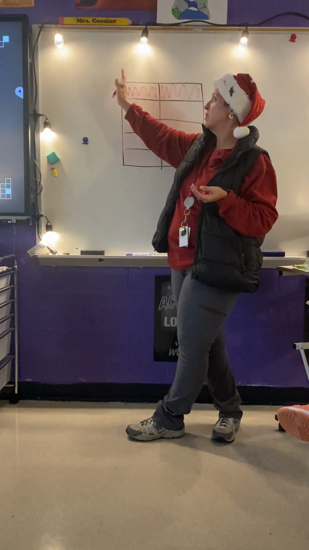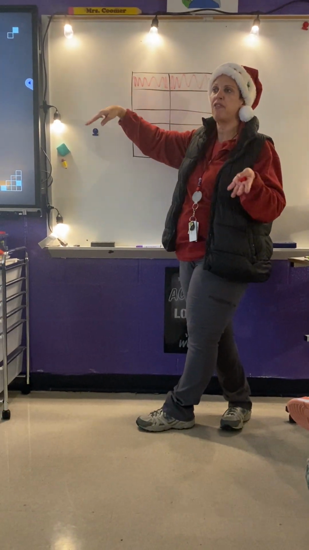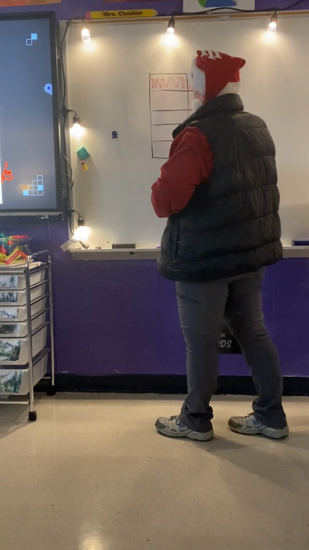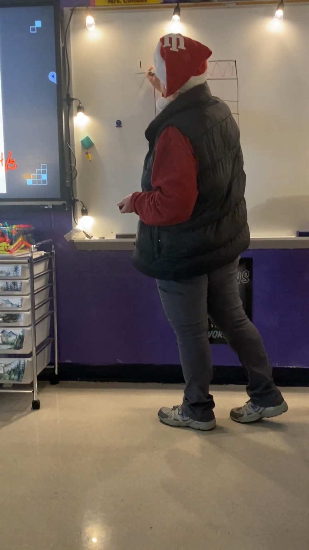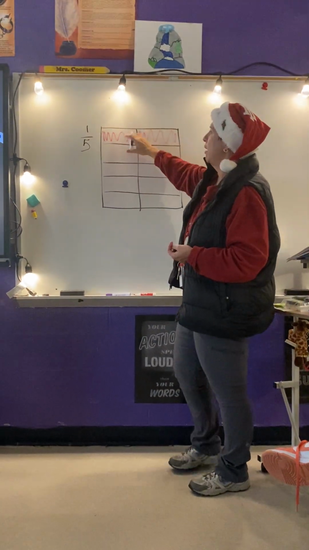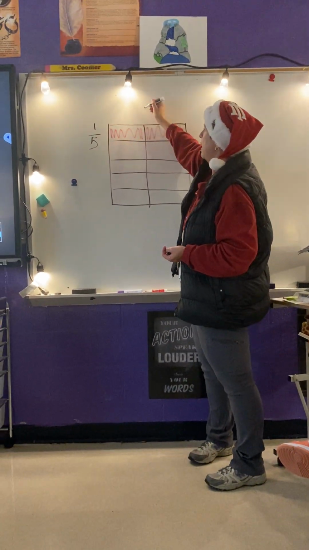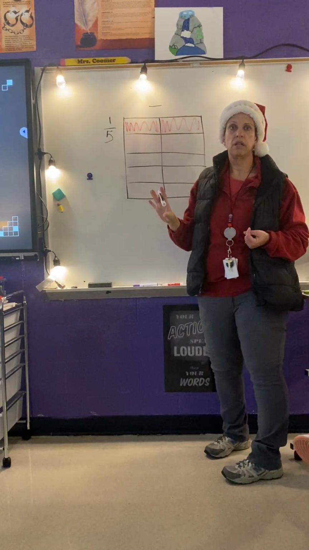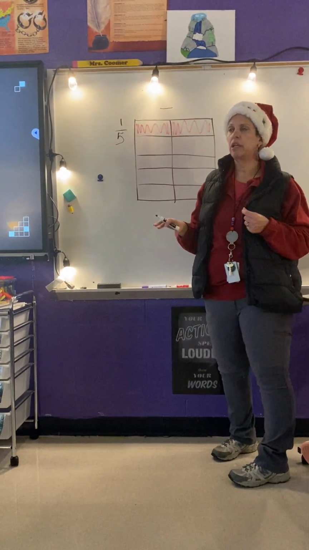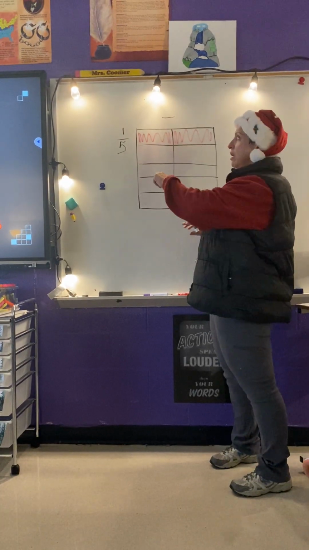So if we just look at this side, it's how many out of 5? 1. So it's 1/5. Right? So looking at the top, how many? What is my fraction? It's one whole or one and a half.